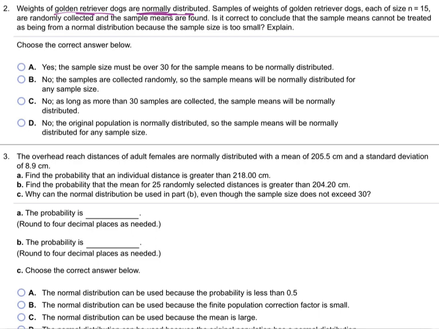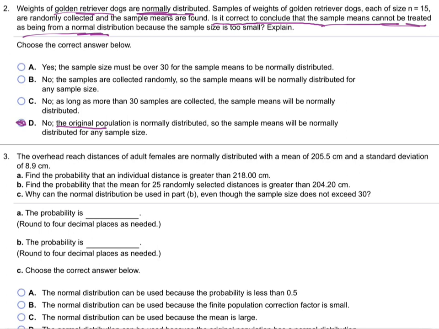So what's their question then? Is it correct to conclude that we cannot treat this as normal? No. We can treat this as normal. The samples are collected randomly.